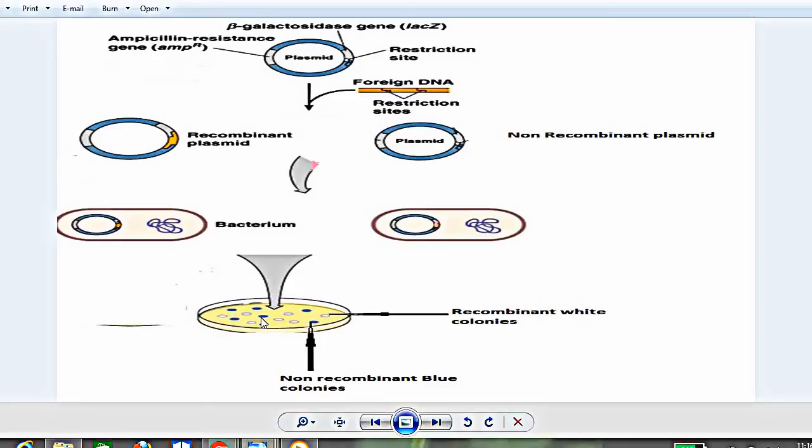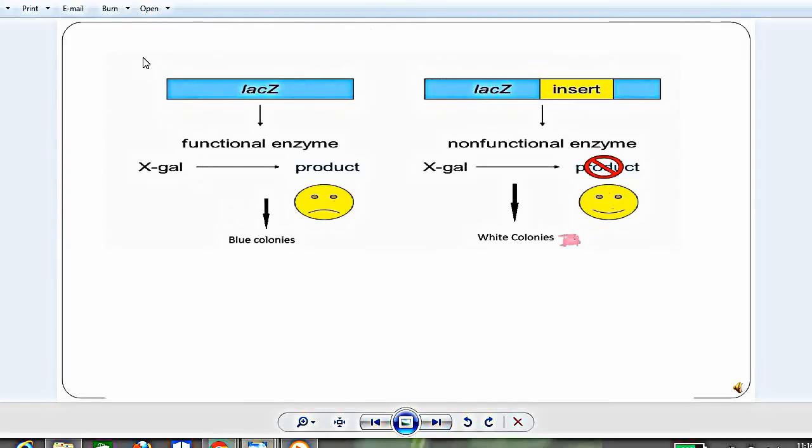Now why do we get these blue and white colonies? Let us see. I have told you that the lacZ region of the plasmid contains the MCS site. The MCS site within this lacZ allows the insertion of foreign DNA, because we will cleave with the restriction enzyme.